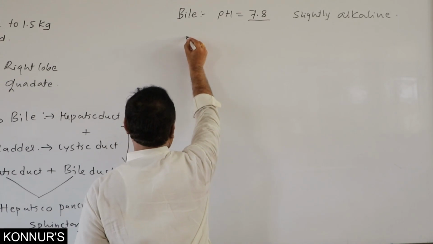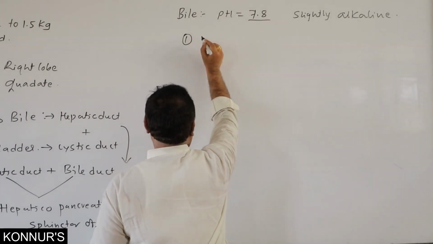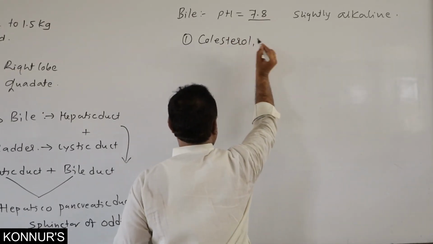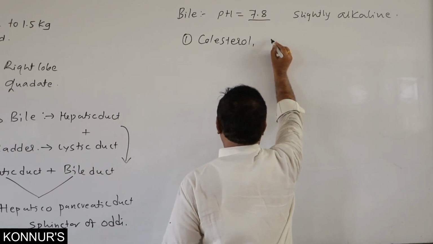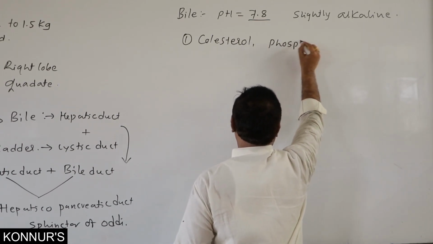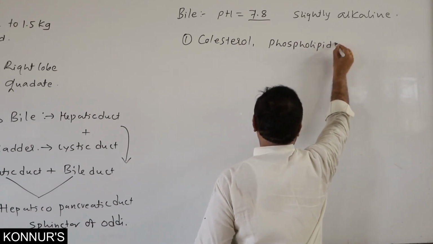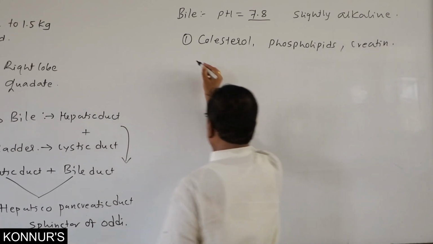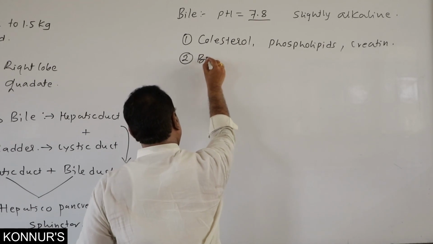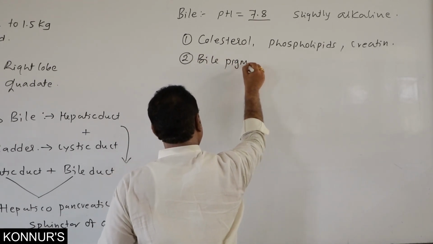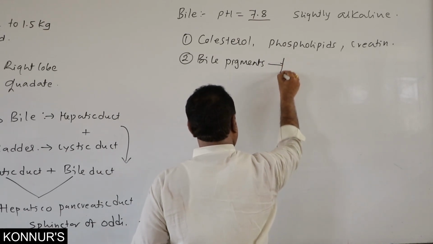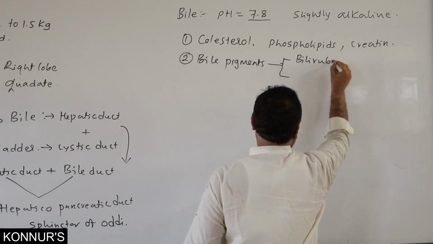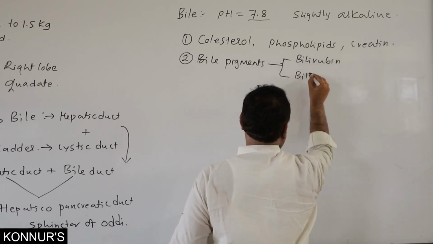And what are the things present in bile? Bile contains cholesterol, phospholipids, creatine, and bile pigments like bilirubin and biliverdin.